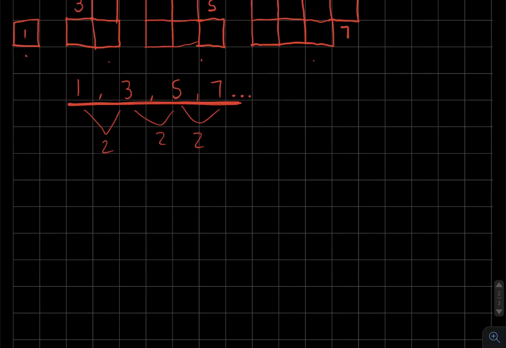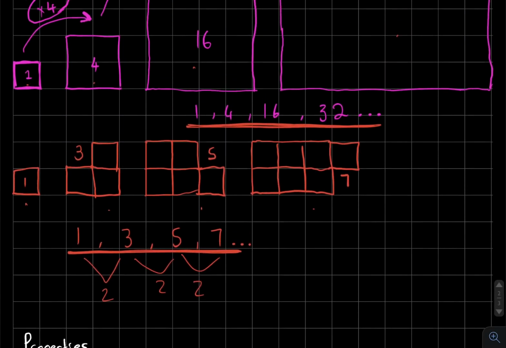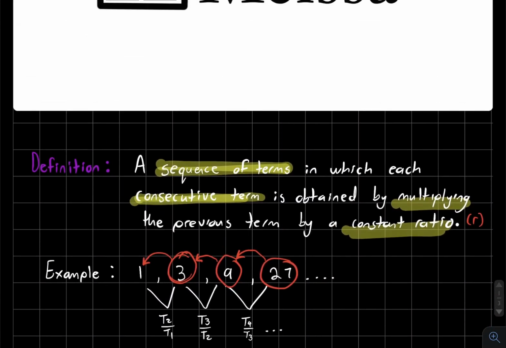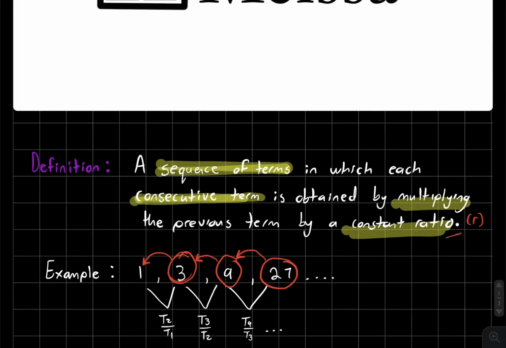We'll move on now to the properties of a geometric sequence. And we've covered a few of the properties already, which was the most fundamental one in the definition, and let me just highlight that, was that we multiply by a constant ratio. That's the most important property of a geometric sequence.